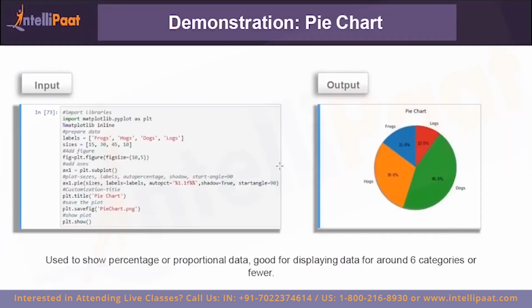So see, the pie chart is to show you percentage or proportional data. This can come in handy when you have more than 4 or 5 categories.